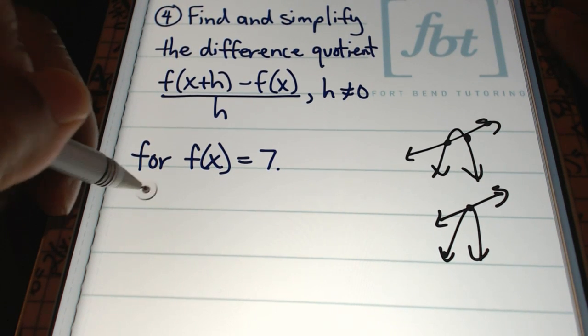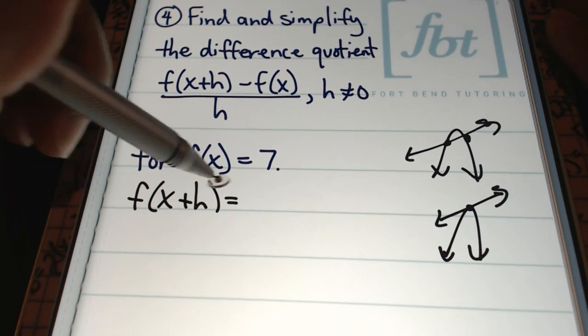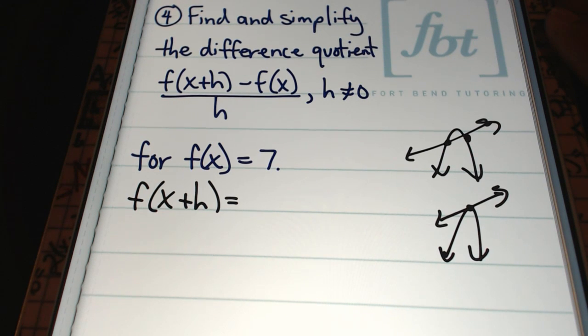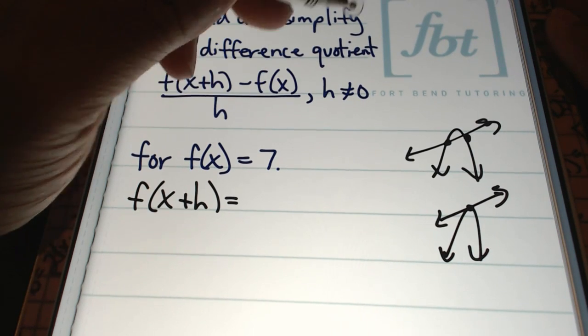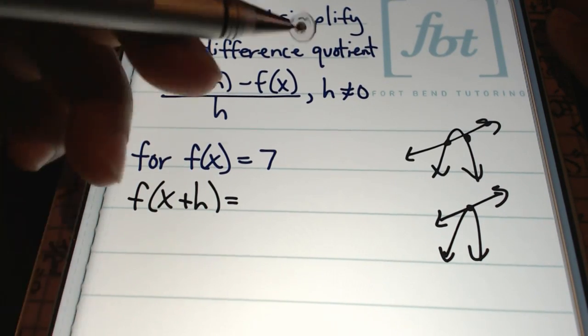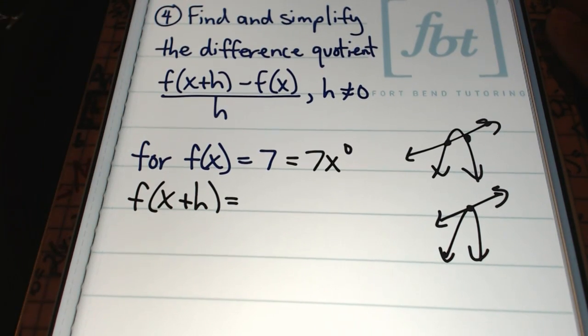First of all, let's go ahead and find out what f of x plus h is, guys. Notice that we are supposed to be replacing all the x's in the original function with x plus h. You can even go so far as to say that our original function is equivalent to 7x to the 0 power.